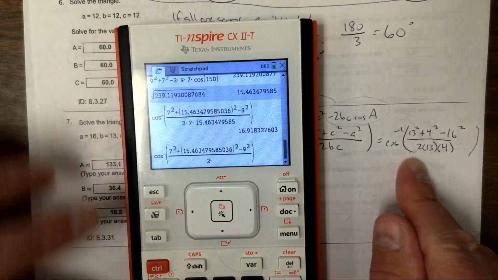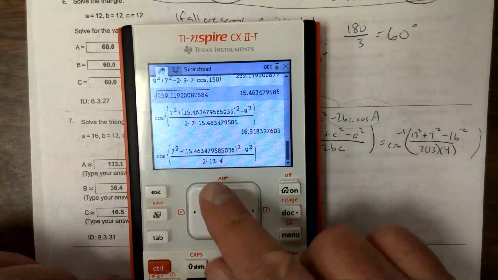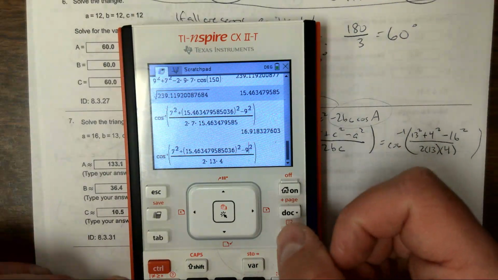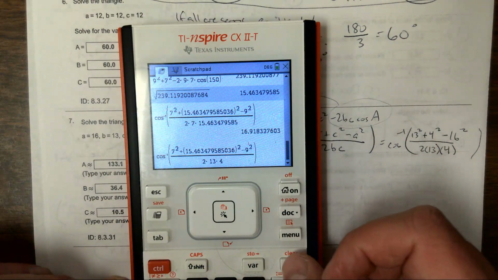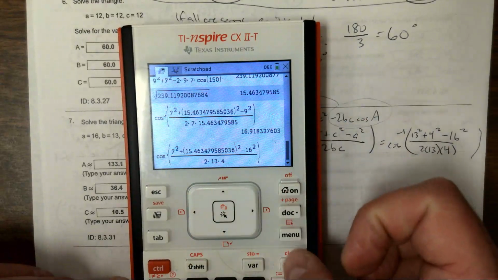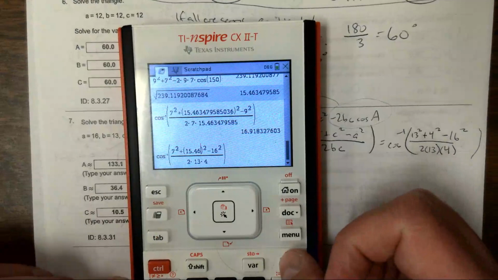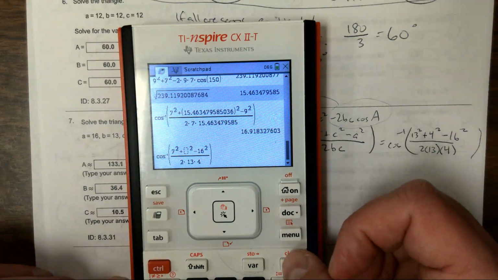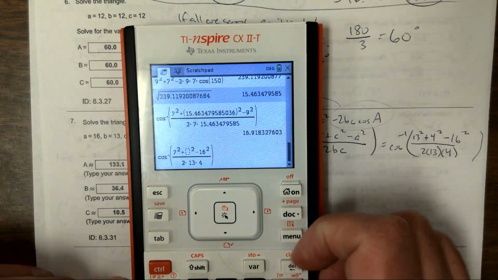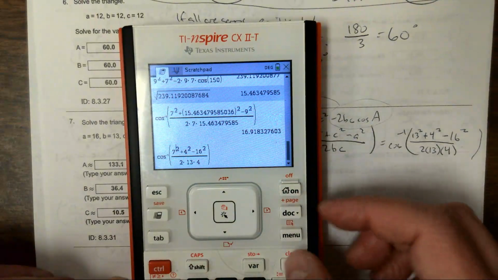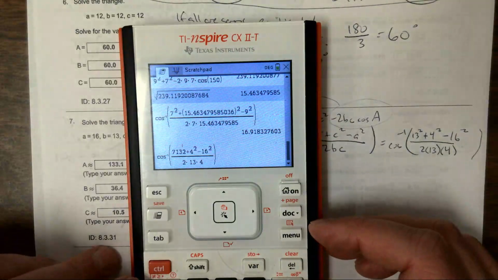So in my denominator I have 2 times 13 times 4. In my numerator, this needs to be 16. This one needs to be 4. And this one needs to be 13. Whoops.